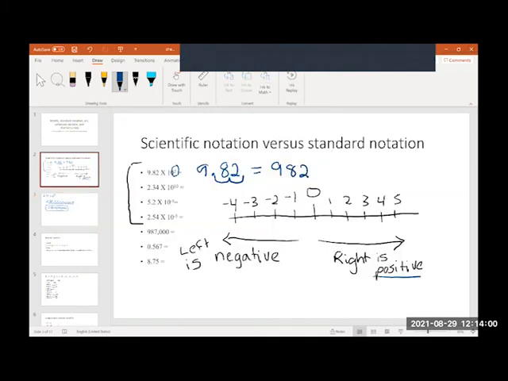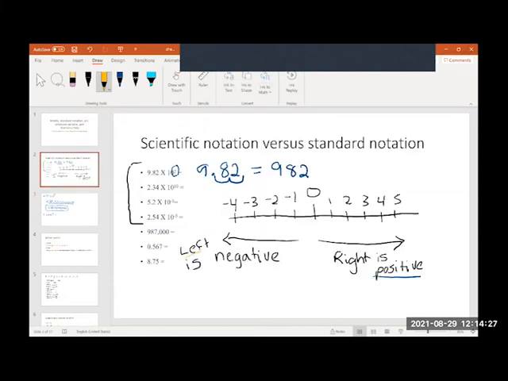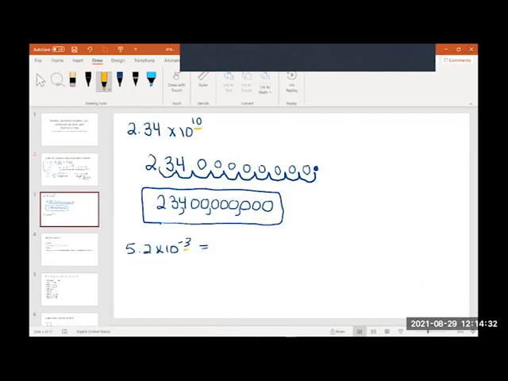Well, what about this 5.2 times 10 to the negative 3? Let's work on that one. Well, first of all, again, look at that number in the superscripted position. Is it negative or positive? It is negative. And remember, when it's negative, we go left. So now we have to move our decimal place 3 places to the left.